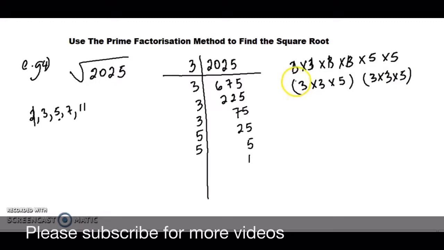So we're going to multiply. 3 times 3 is 9, and 9 times 5 is 45. So our answer is the square root of 2025 is equal to 45.